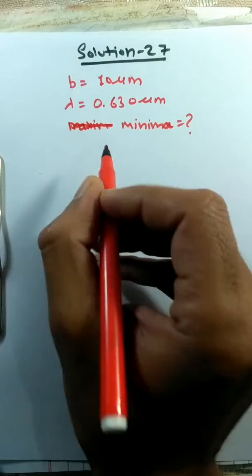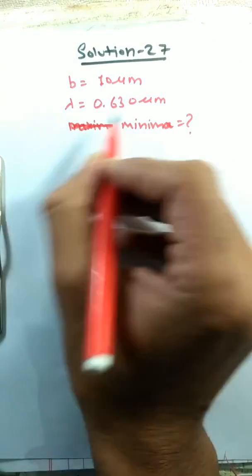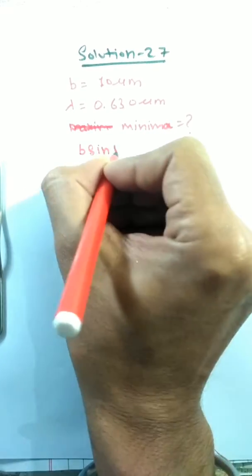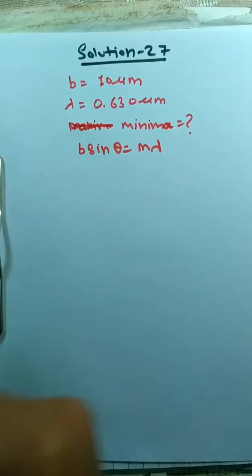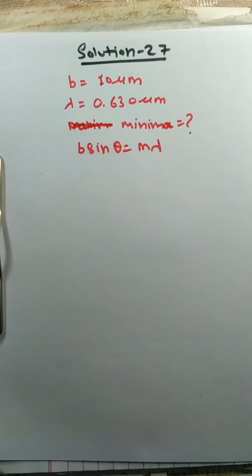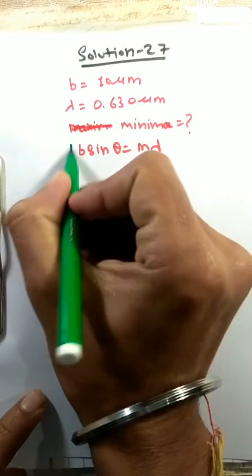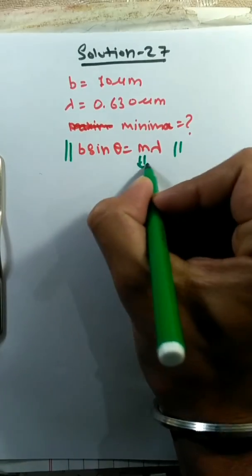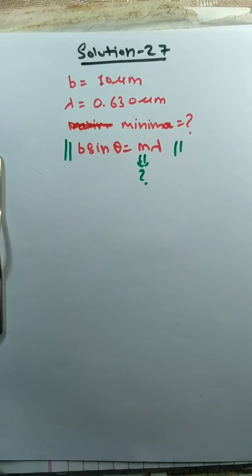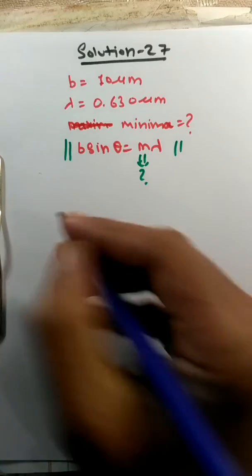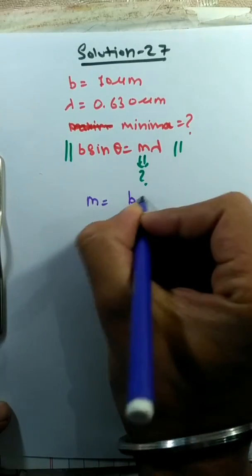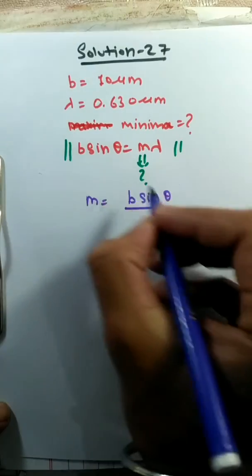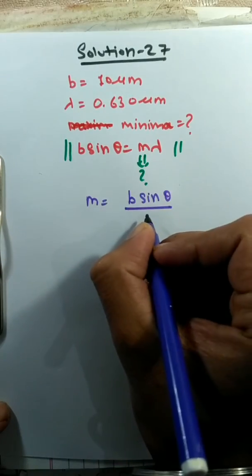The condition for minima in the case of Fraunhofer single slit diffraction is b sin theta equals m lambda. So that is the condition for minima, and we have to find m. The expression of m will become b sin theta upon lambda.